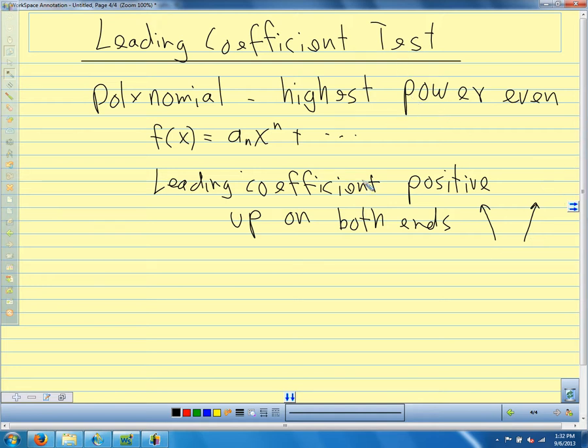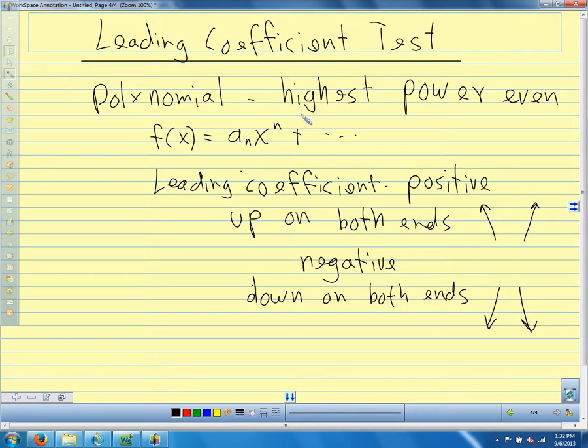If the leading coefficient is negative, then it goes down on both ends. And we usually just draw a little picture like so.